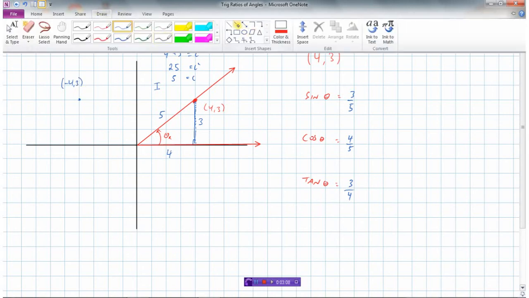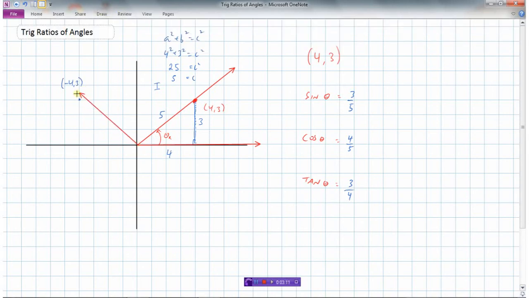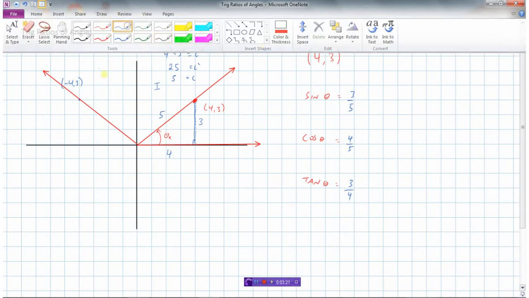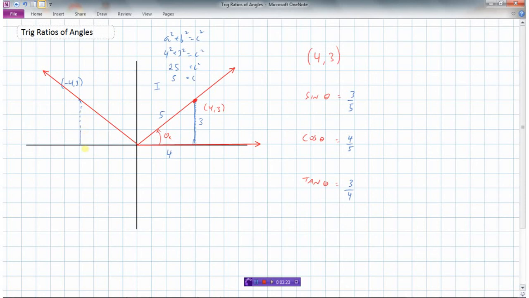What happens here? So this would be our new terminal arm. There we go. And now when we draw our perpendicular down to the x-axis, so here's our little reference angle that we're working with.